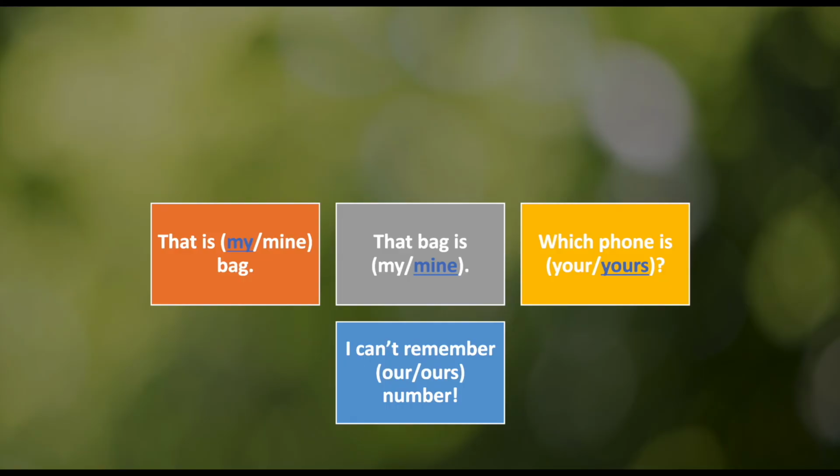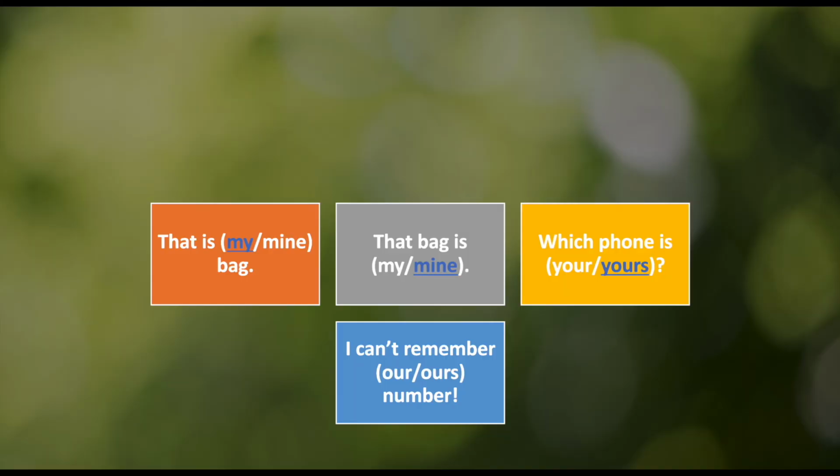So yours is an independent possessive pronoun. It shows possession and there is no noun following it. That means I don't have anything that comes after it. Don't forget the sound S as well. Okay, one more example.